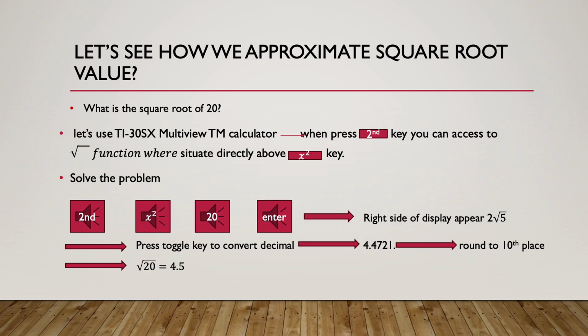You only worry about this number 7, not the others. Since 7 is more than 5, we add 1 to the number 4. So 4 plus 1 is 5.